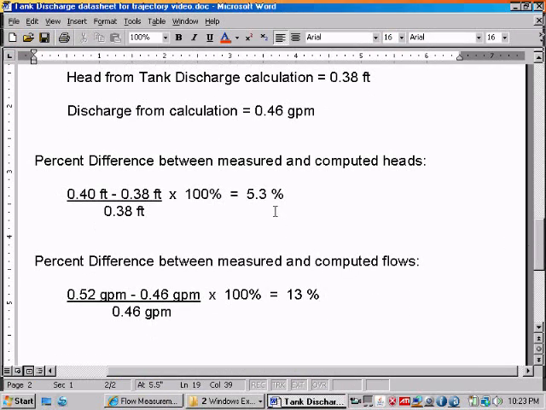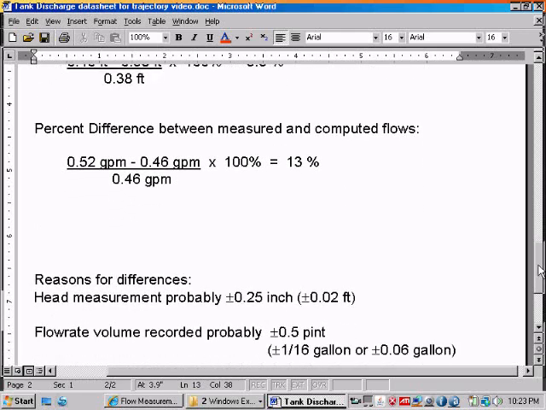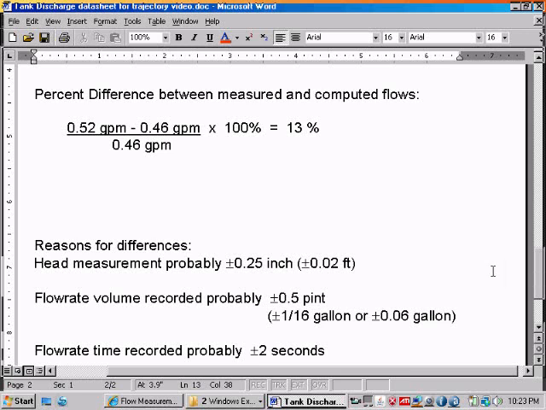So let's come back. Whether these percent differences are acceptable depends on what you want to use the results of the calculation for, or the results of the experiment. And you may want to run a more tightly controlled experiment. So let's look at our sources of error.